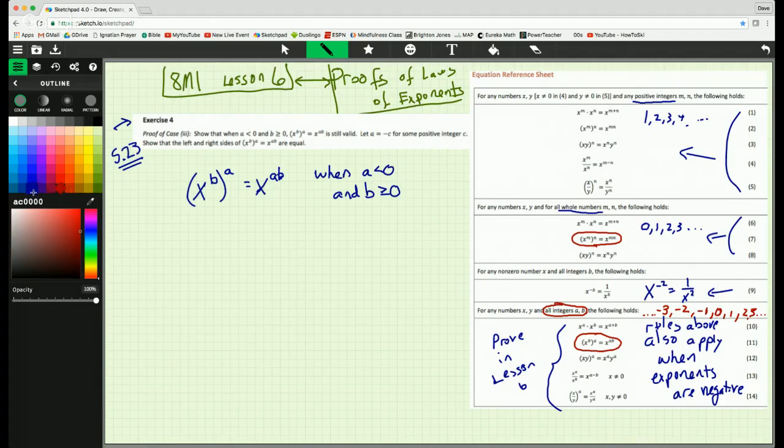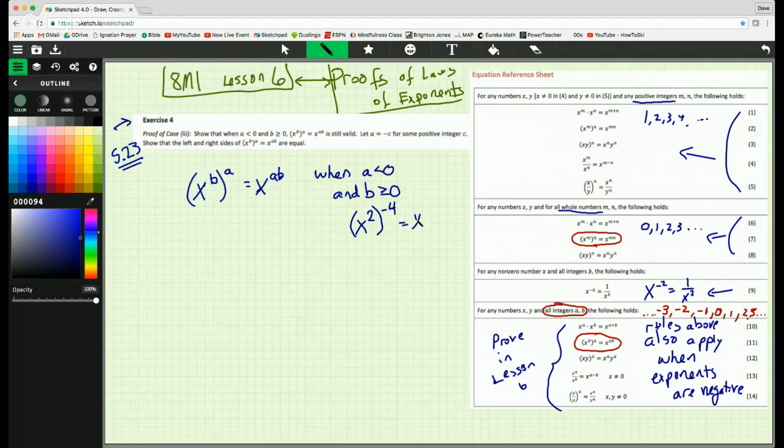Well, I'll show you an example where it's really cool. So if a is negative, we can say that x squared to the negative 4 is equal to, well, if we can show number 11 here, then we can just do this multiplication.